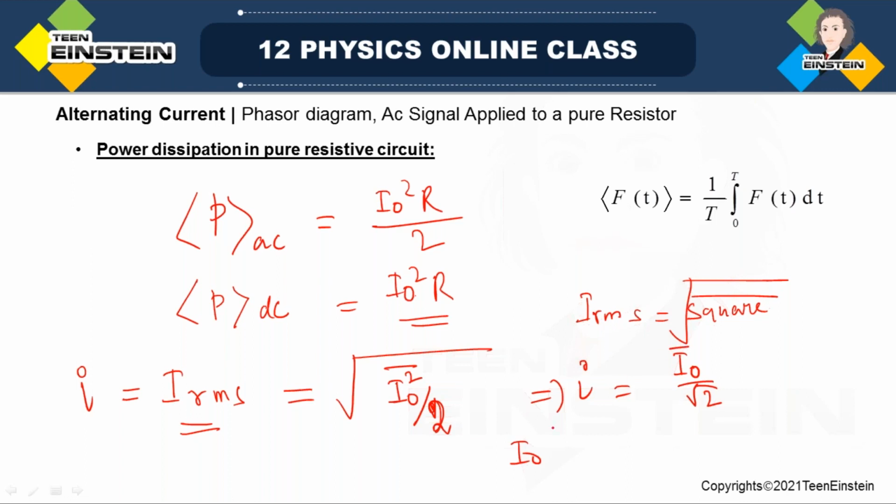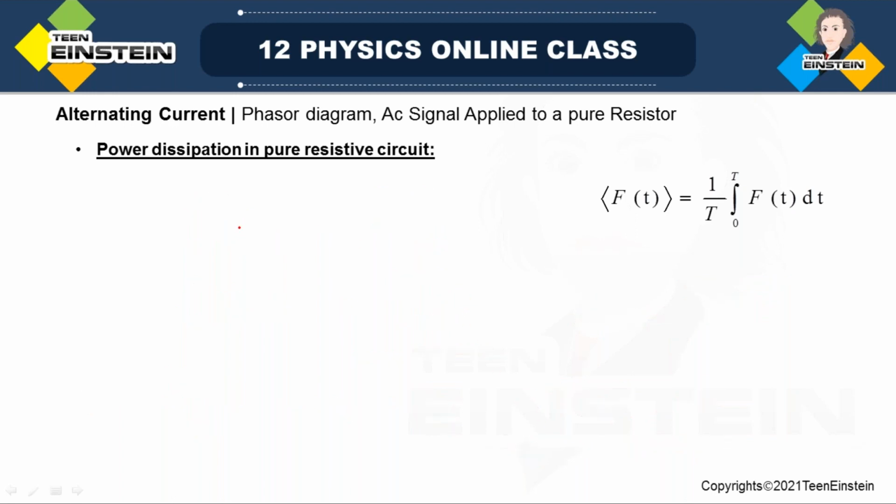The amplitude of your current will always be root 2 into I RMS. So the amplitude or peak value of your AC signal will be root 2 into I RMS. So this is the relation.